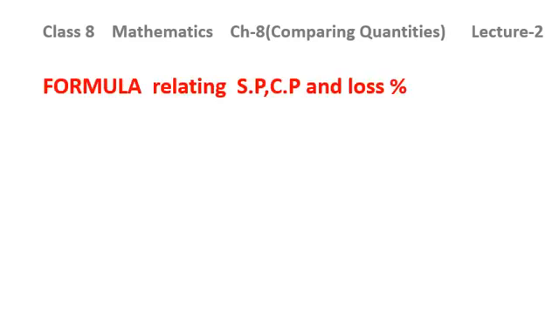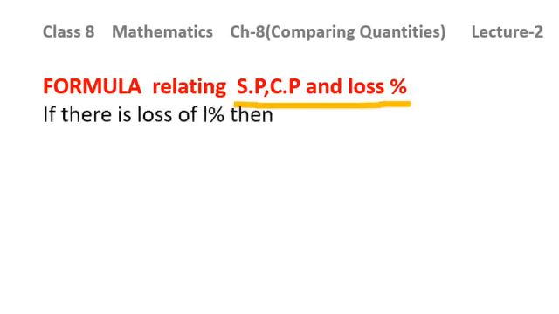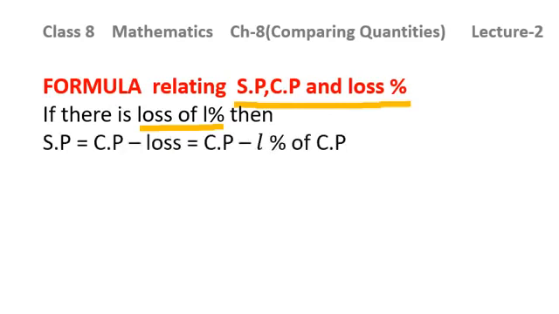Now coming to the formula relating SP, CP and loss percent. We need to find the formula now between SP, CP and loss percent. So how will we proceed? In the previous case we have taken profit as P percent. Here we need to deduce the formula between SP, CP and loss percent, so we have taken loss as L percent. Then we know that SP is equal to CP minus loss.